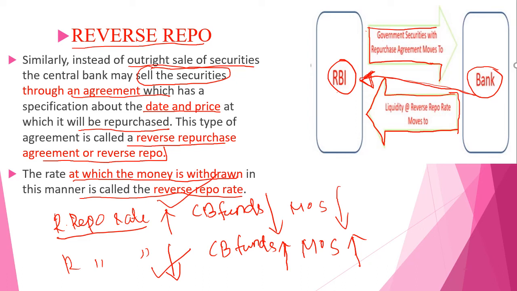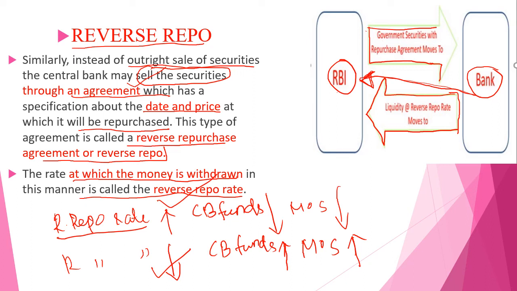Okay, once more I repeat. Reverse repo rate increases, money supply decreases. Reverse repo rate decreases, money supply increases. In the case of reverse repo, Reserve Bank of India is selling the securities through an agreement. Commercial banks deposit funds with Reserve Bank of India, and for that, Reserve Bank of India gives securities to commercial banks.